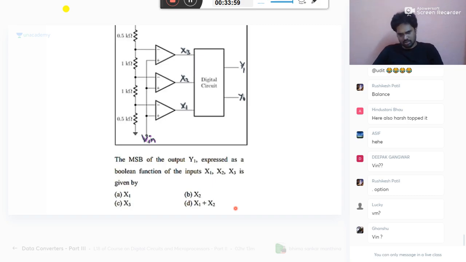One option is to be added. Just do it first. Forget about options for some time. First, give a try. That is 3 volts.